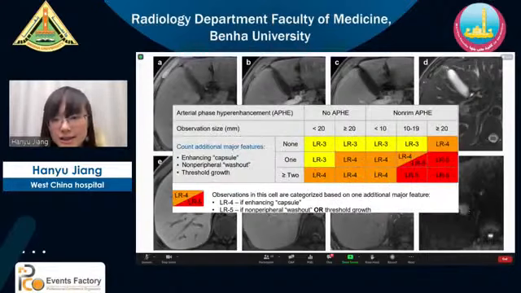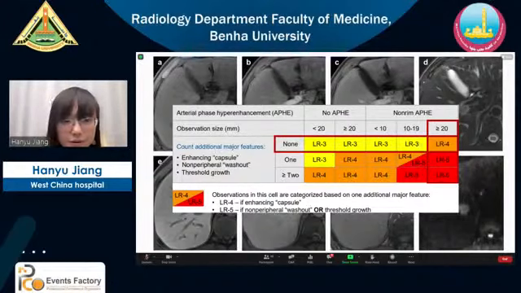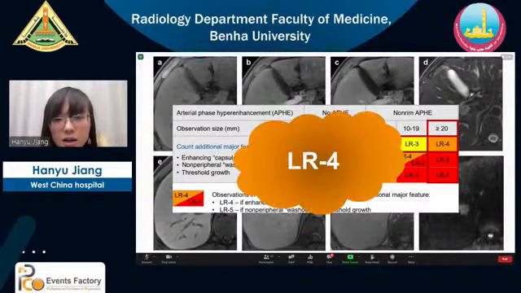So let's look at the diagnostic table. Over 2 centimeters in diameter, non-major features, because there is no enhancing capsule nor non-peripheral washout. So this is an LR4 observation, regardless of the presence of several ancillary features, including hepatobiliary phase hypointensity, mild to moderate T2 hyperintensity, and restricted diffusion.